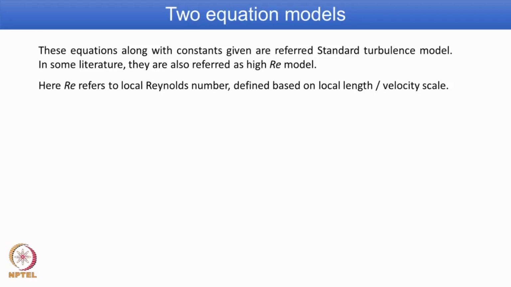They are also referred to as a high Reynolds number model, or high RE model. You have to be careful about the word high RE. When you say RE, here it refers to the local Reynolds number. Again I go back to the first definition: Reynolds number is related to a velocity scale and a length scale. So, depending on the choice of velocity scale and length scale, you will get different Reynolds numbers.